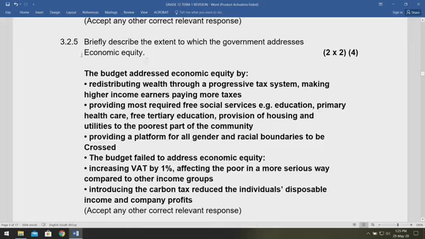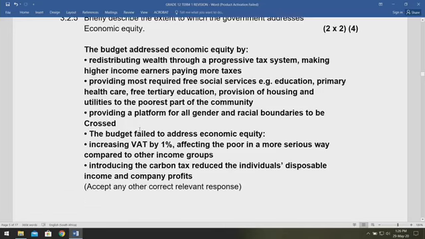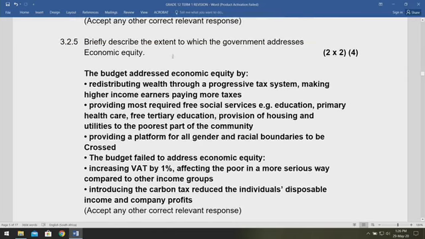They're just saying to you, to which extent do they address the issue of economic equity? So some people will argue and say, no, they're not addressing it at all. And others will say, yes, they have tried to address this issue. So it doesn't matter which stance you take in answering this, either will be accepted.